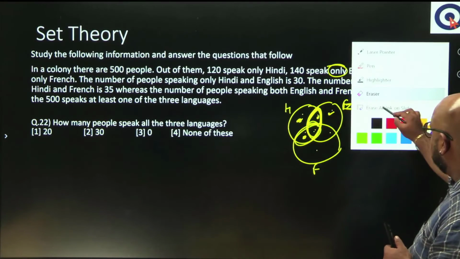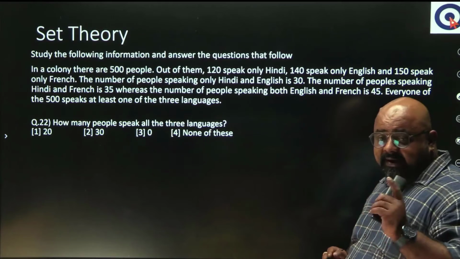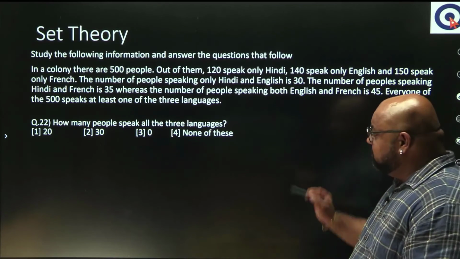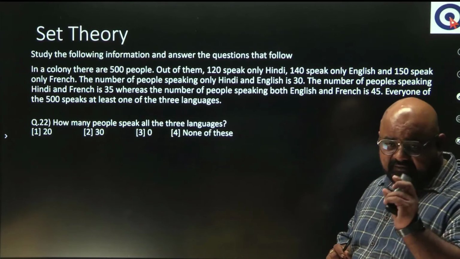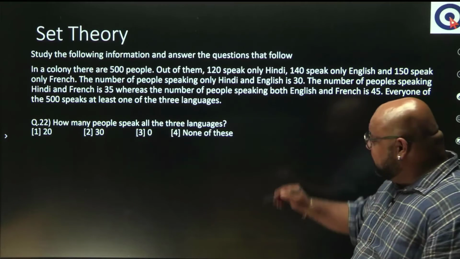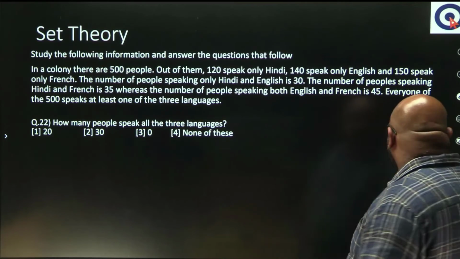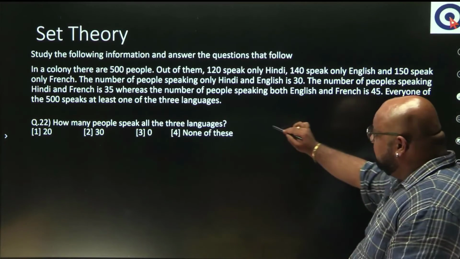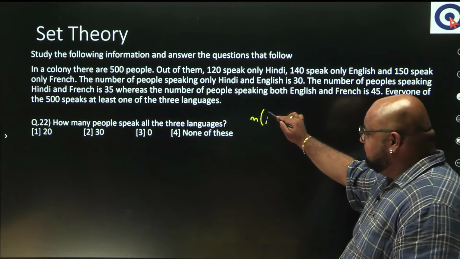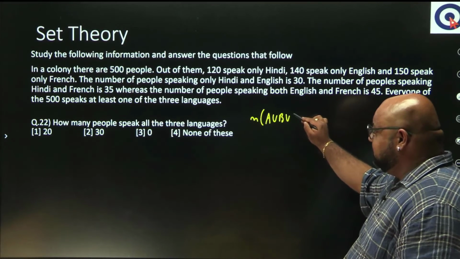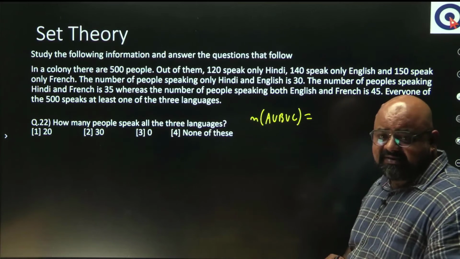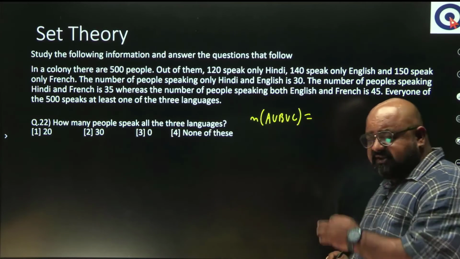Next, another formula that you can use. The number of people in every part is represented by the number of elements in that set. So a formula that I get is the number of elements in A union B union C, where A is Hindi, B is English, C is French.